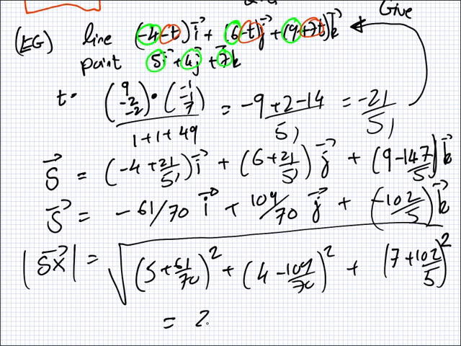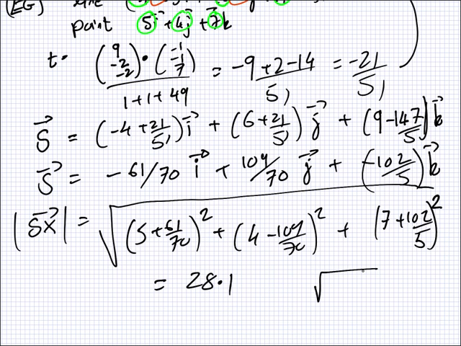Second? 28.1. Okay. Can you type this in somewhere? I want to see root 5130849 over 141. No. What answer did you get? 190.8.